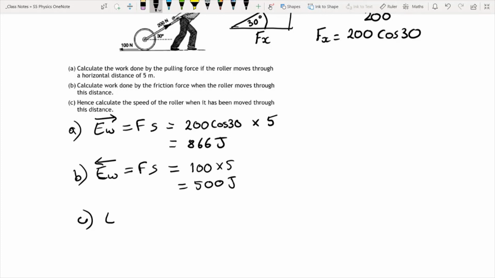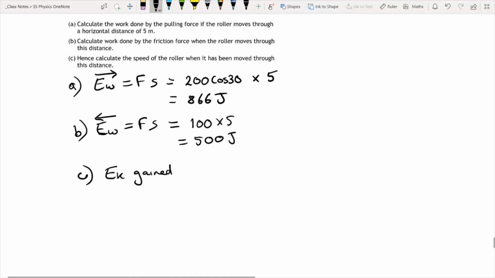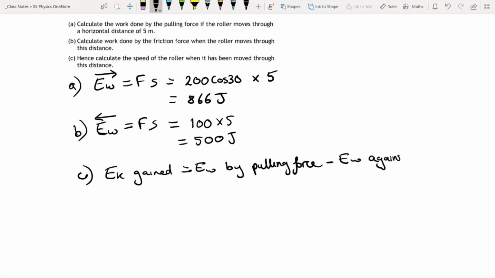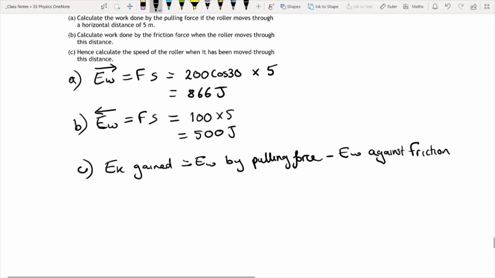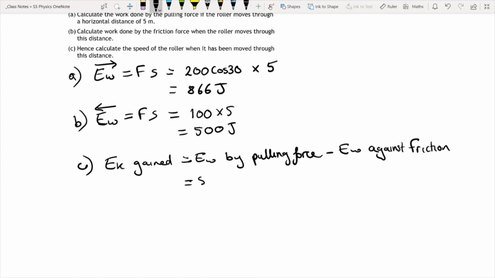Okay, so the kinetic energy gained is the work done by the pulling force take away the work done against friction. So 866 take away 500, and that's where you got your 366 from, isn't it?